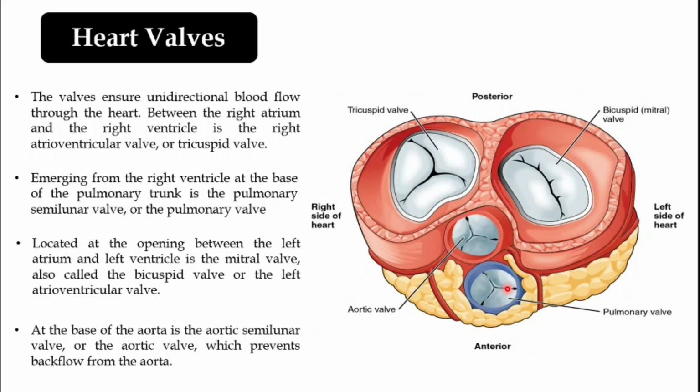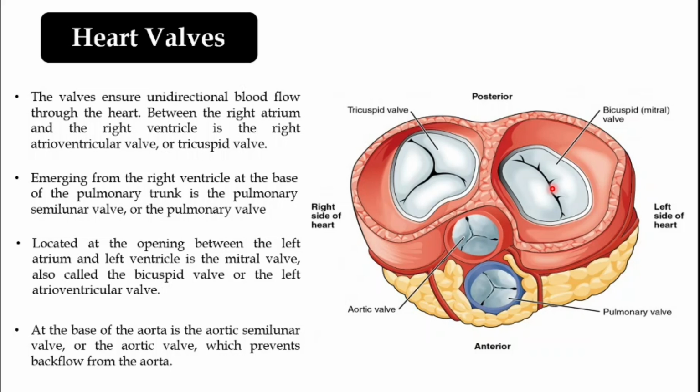And then the blood from the pulmonary trunk goes into the pulmonary arteries and to the lungs, where the blood becomes oxygenated and comes back into the left atria, and at the junction of the left atria and the left ventricle, we have another valve which is known as the bicuspid valve, also known as the mitral valve.